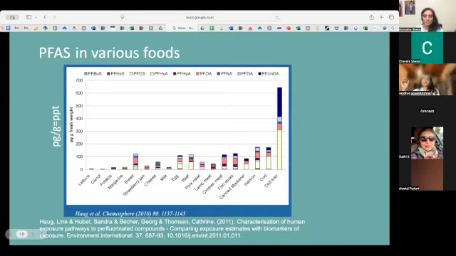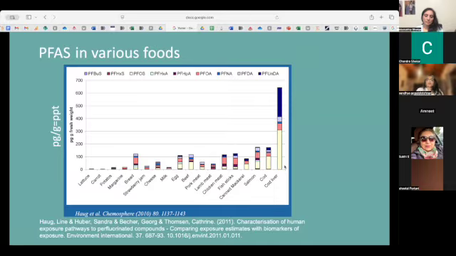Okay, so this paper looked at a whole bunch of foods and how much PFAS. The unit is picogram per gram, which is equal to parts per trillion, just so you know. They looked at some veggies and bread and whatnot, right? And you see basically fish, cod, and especially the liver. So probably this is getting stored in the liver of these fish.